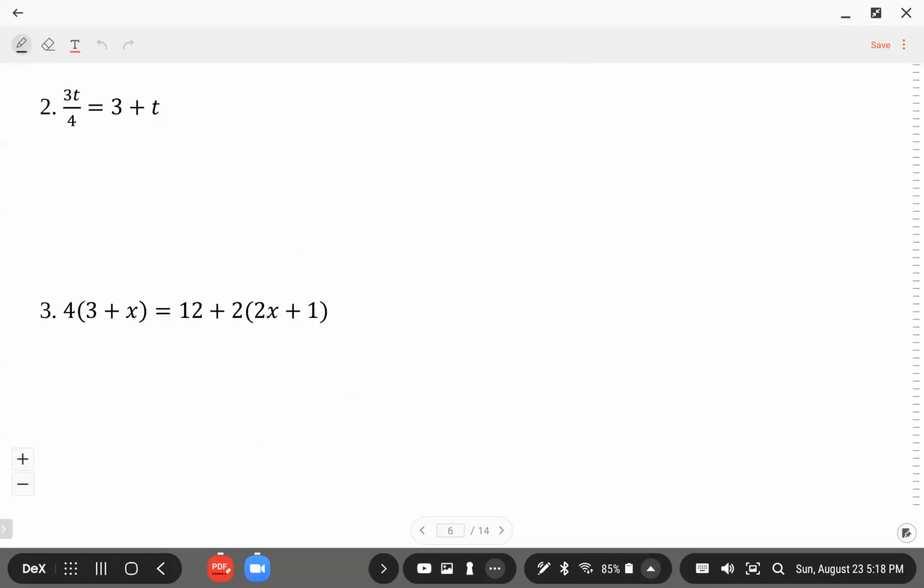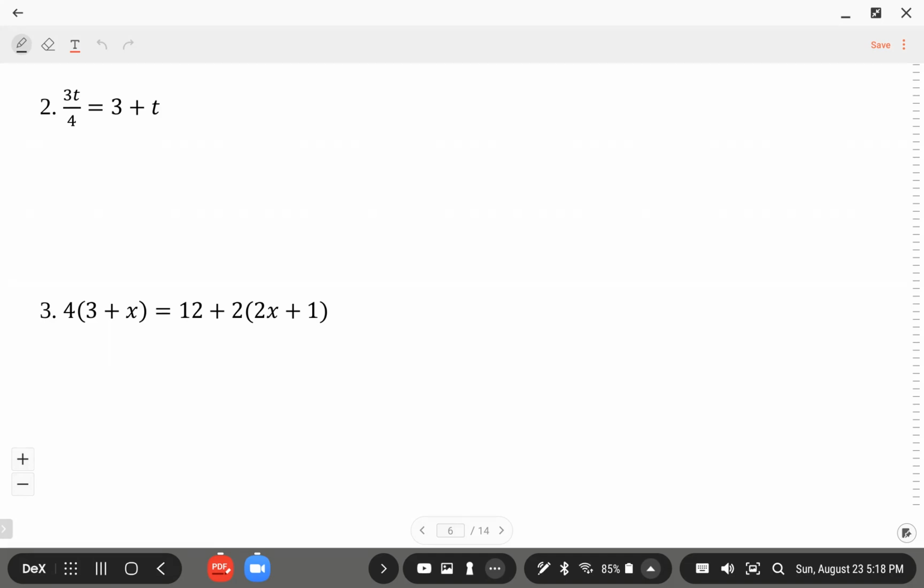So here we have another problem. Number 2 is 3t divided by 4 equals 3 plus t. Okay? So 3t divided by 4 equals 3 plus t.